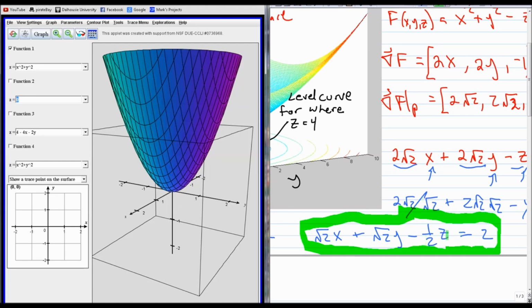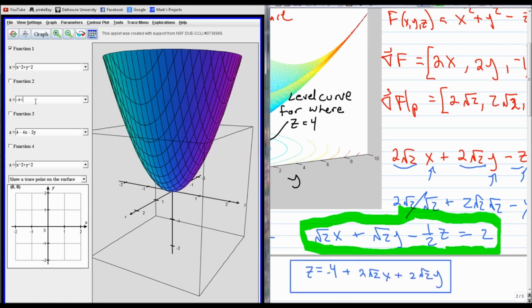Now I'm just going to put in our plane here. I have to solve this plane in terms of z, so maybe I shouldn't have divided through by 2. So when I input this, 2 times square root of 2 times x.